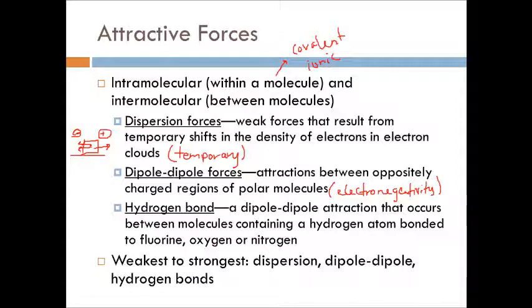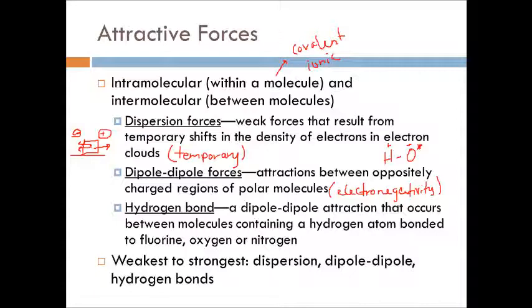So let's say hydrogen is less electronegative than oxygen. The oxygen here is going to hog the electrons more. So you're going to have a slight negative on this, a slight positive on that, and we create a dipole here, and these are going to be on polar molecules.